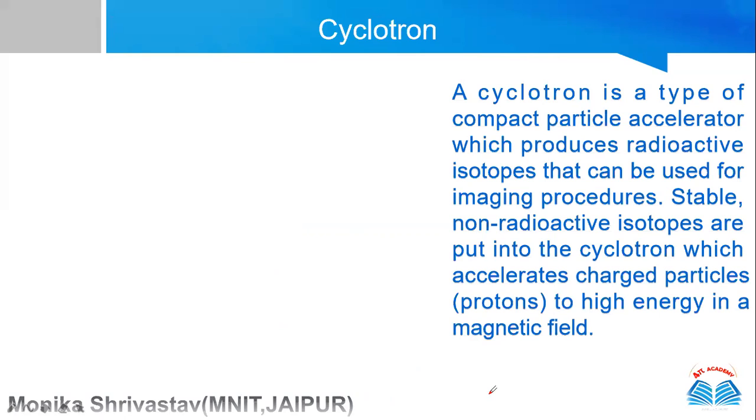We use the cyclotron to accelerate charged particles. Why do we want to accelerate the charged particles? To produce radioactive isotopes. Now why do we want to produce radioactive isotopes? You know that some isotopes can be used in medicine, some isotopes can be used to produce electricity, and so on.